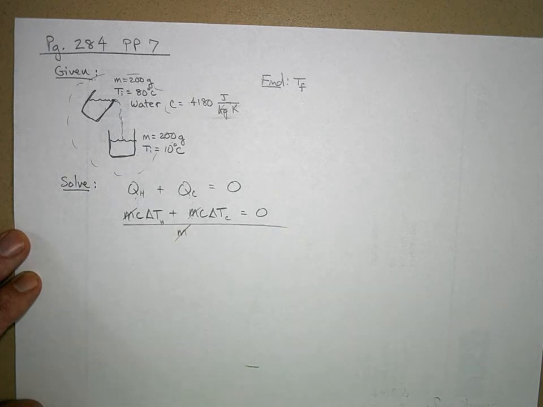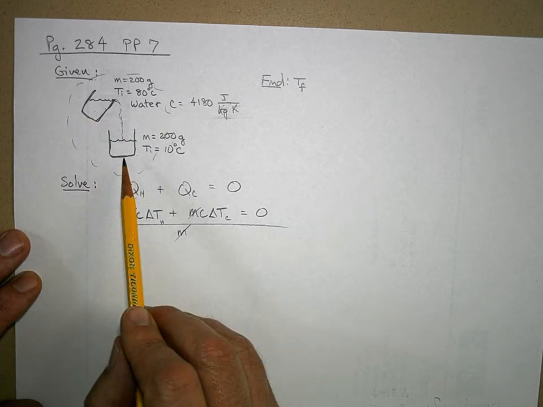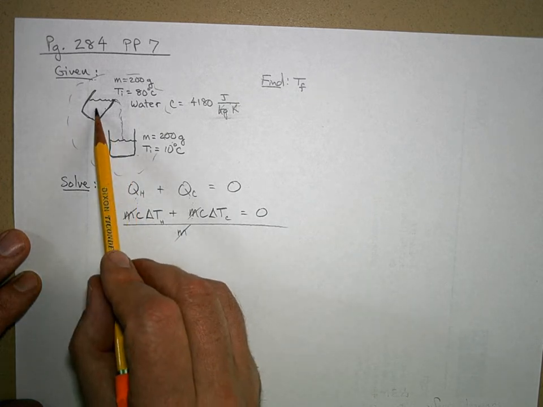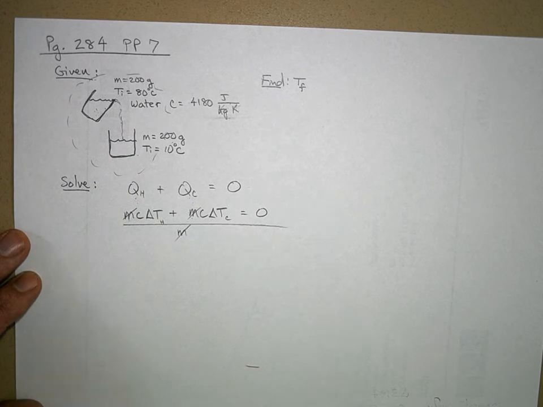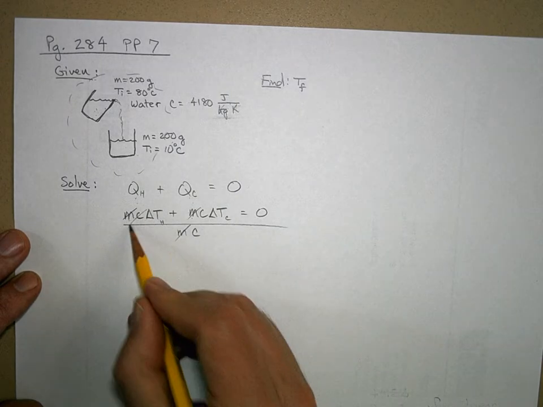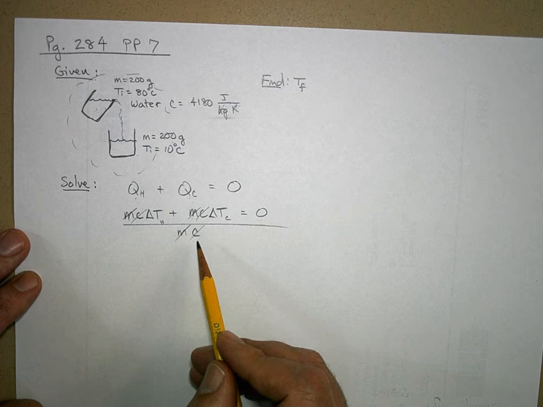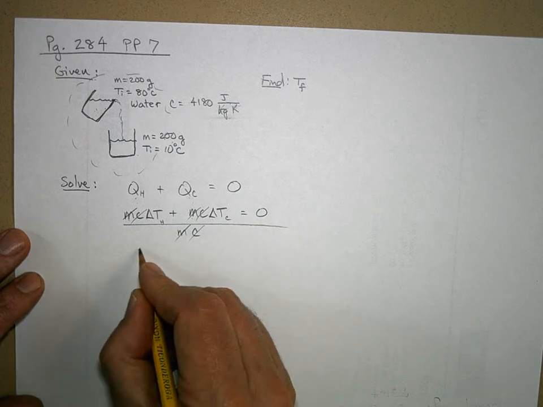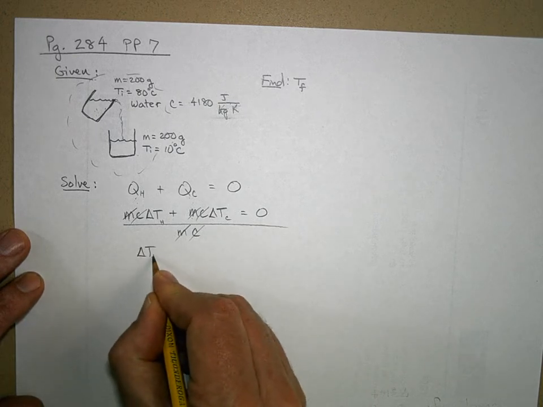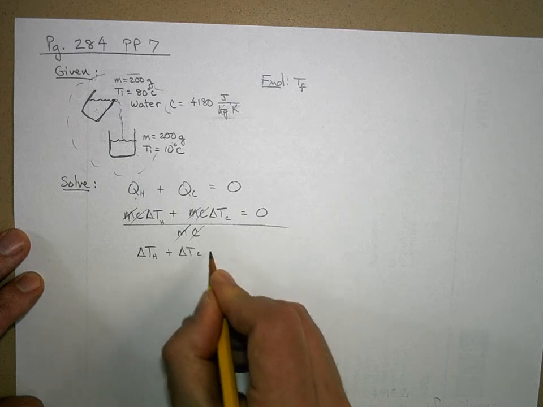Also, this is water and this is water, so the hot water and the cold water have the same specific heat capacity. They're both liquid water, so I can divide both sides by C, and that goes away. And so we have delta T for the hot water plus delta T for the cold water equals 0.